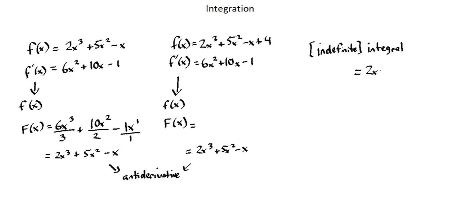The integral of the original function is 2x cubed plus 5x squared minus x plus c. And the plus c is the recognition that there could be a constant that is present in the original function that we need to take into consideration in the integral.